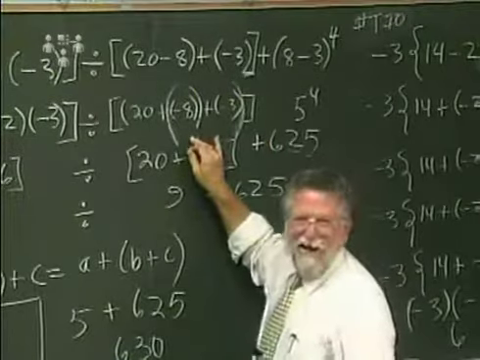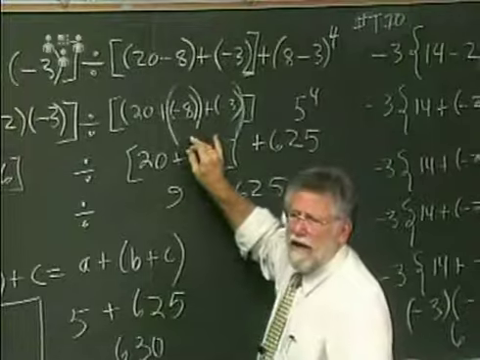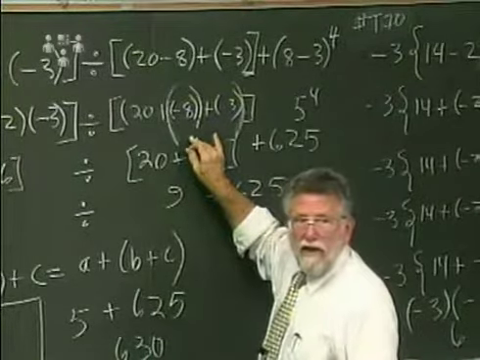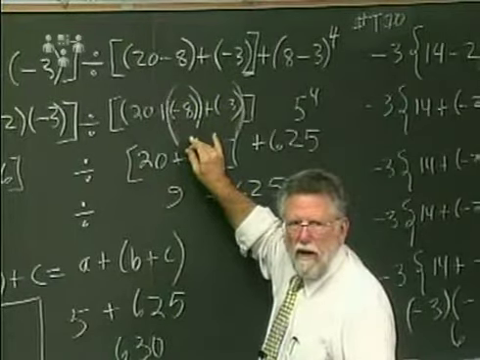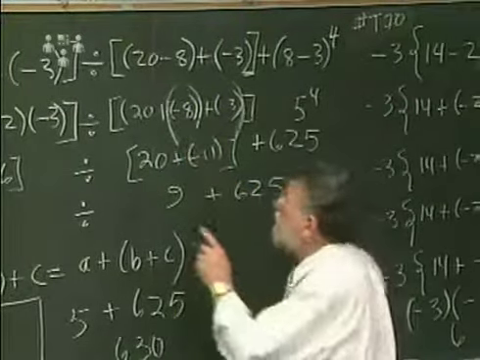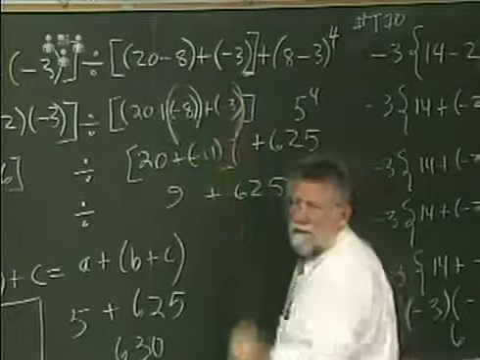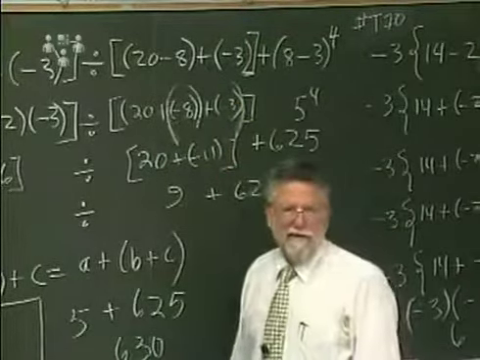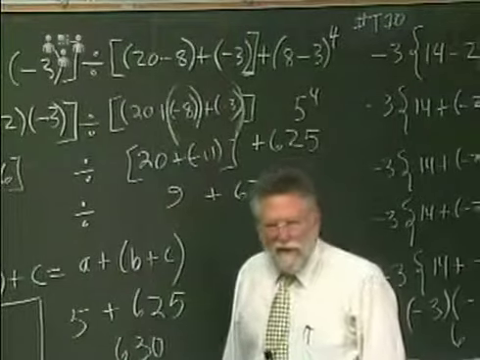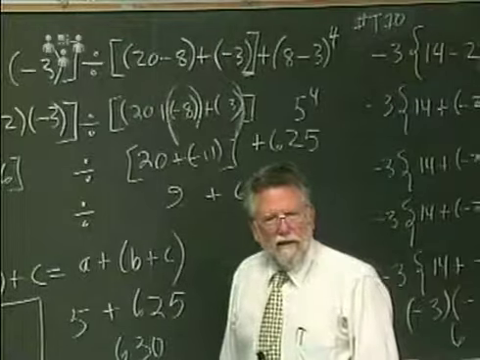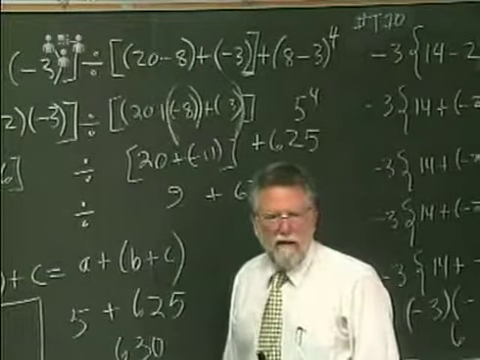I understand your question. If you have such a bias against the associativity property, well, just giving you a bad time, then you could say 20 minus 8 is 12, and 12 minus 3 is 9. So it'd give you the same answer. Yes, it would. Okay, that's what I was worried about. But associativity is a good property. Can you give me another one so I can get used to it? Not yet. I'm watching the time.